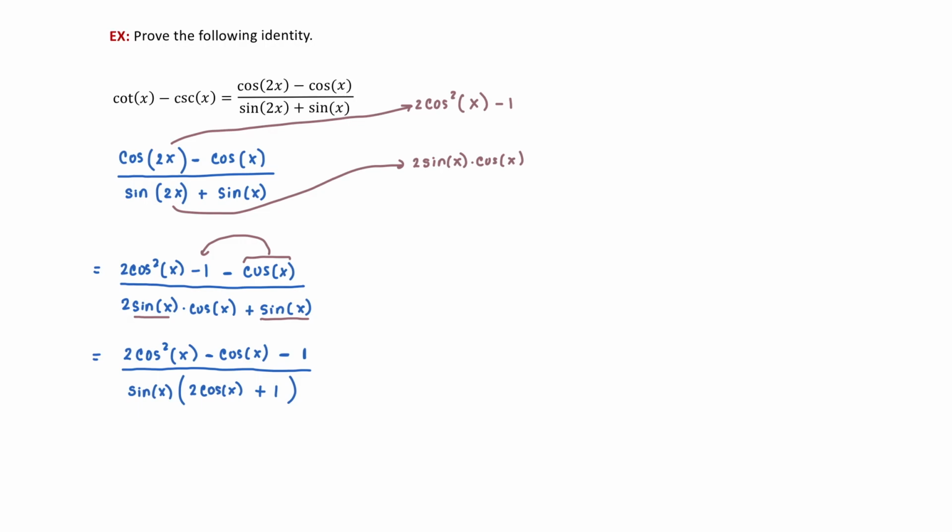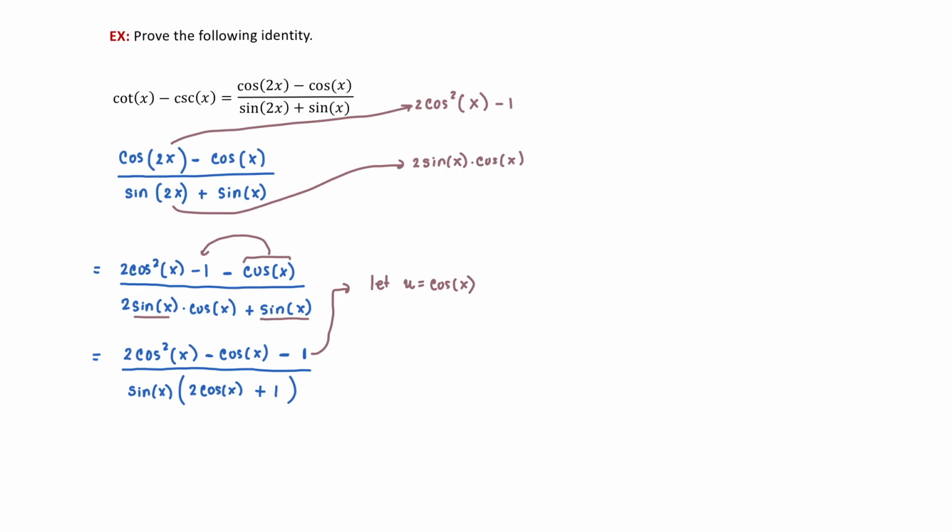So that looks great. Now, in the numerator, I have my quadratic. In order to continue simplifying, I'm going to have to factor this quadratic. Imagine that I replace cosine with another variable, u. So imagine that we say, let u equals cosine of x.